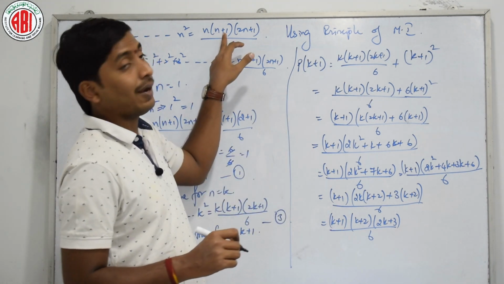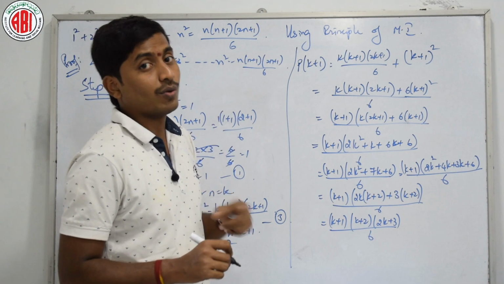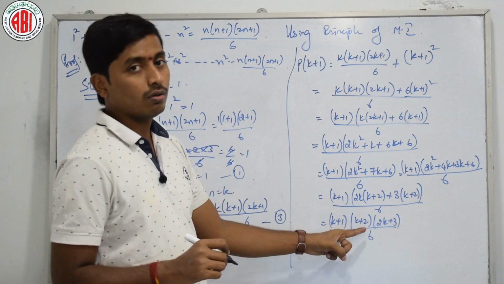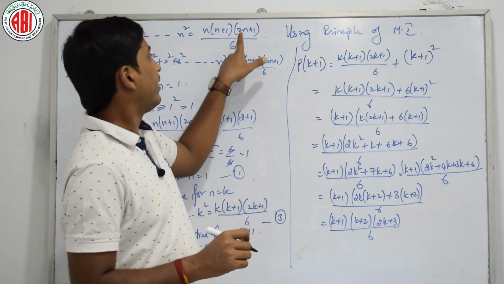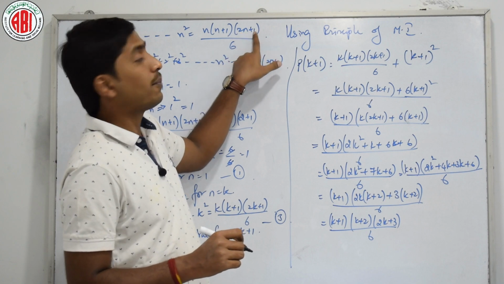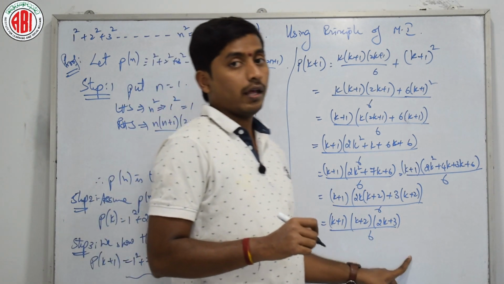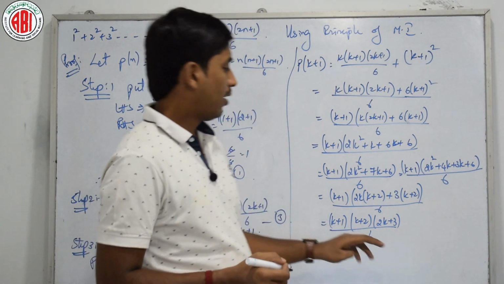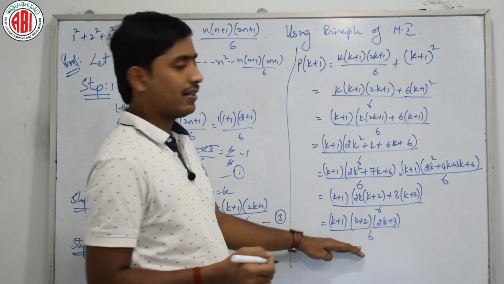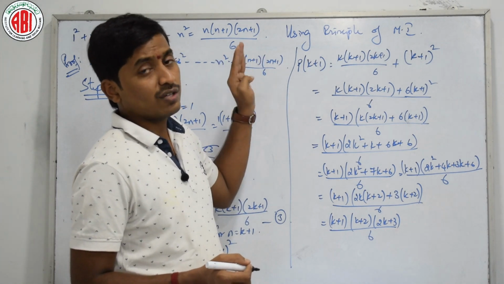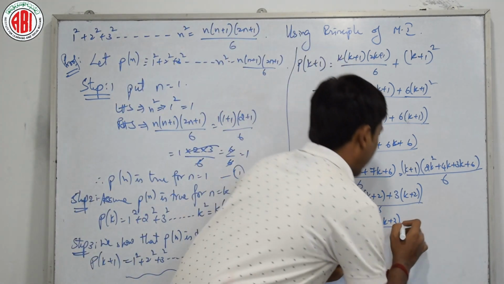And the next is n plus 1, that is k plus 1 plus 1. Do we have 2? Yes, fine. And the next is 2 into k plus 1 plus 2, that is 2k plus 2 plus 1, that is 2k plus 3. We got it. If you want, we can write this in the form of k plus 1 instead of n. See here how to write it.